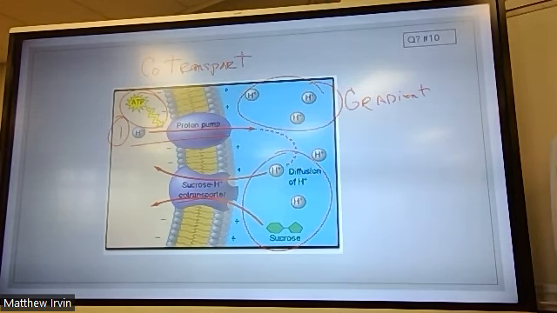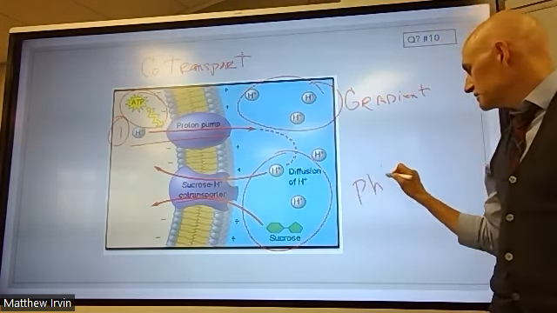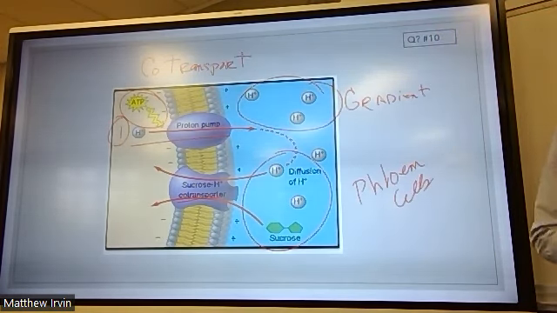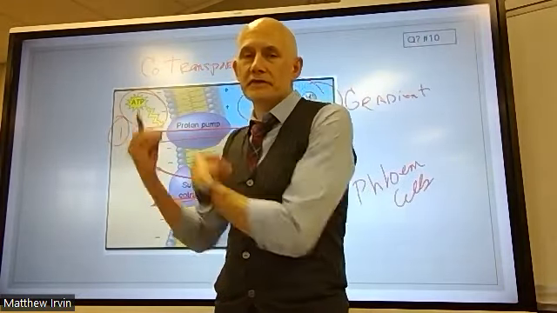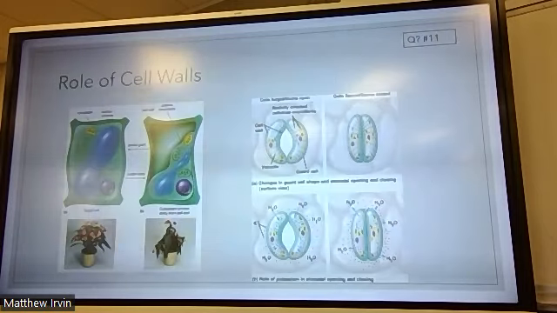Who transports the sugars? Correct. So you'll see this in phloem cells. Once you get all of that sugar in here, then water flows in and that builds pressure to move the sugar solution.